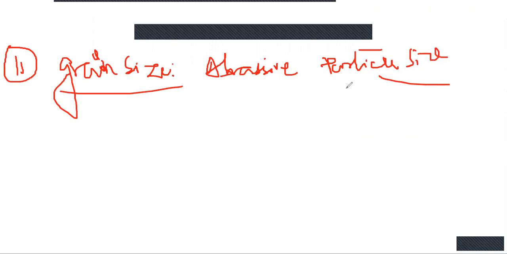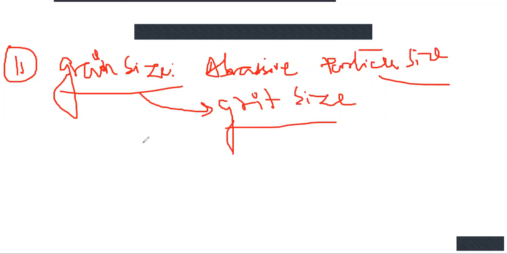The size of the abrasive particle is specified by grit size. Grain size or grit size. It is approximately 1 by 60 inch square.